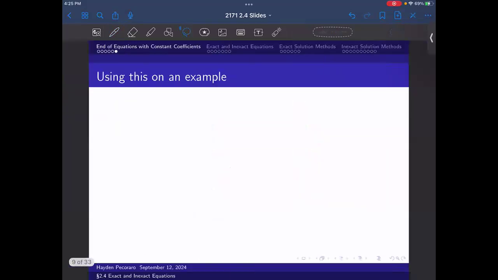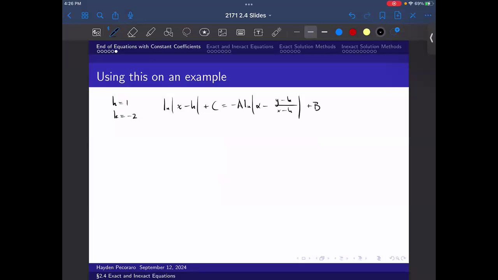We can take these over here and write down our solution, which is going to be natural log of the absolute value of x minus h, plus c, equals minus a log absolute value of alpha minus (y minus k) over (x minus h), plus b log of beta minus (y minus k) over (x minus h).